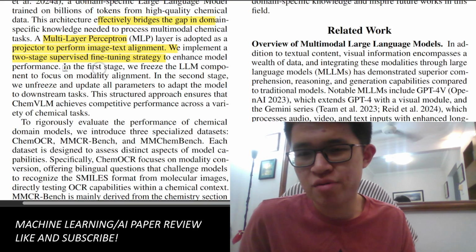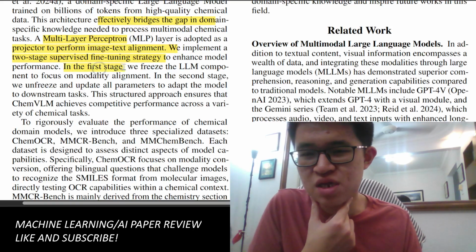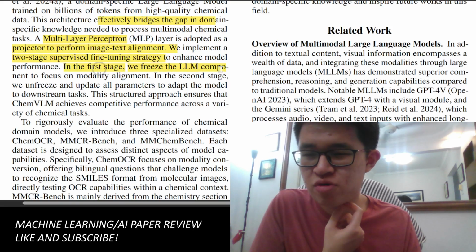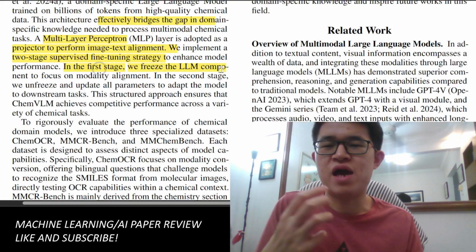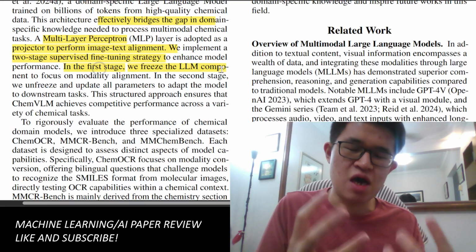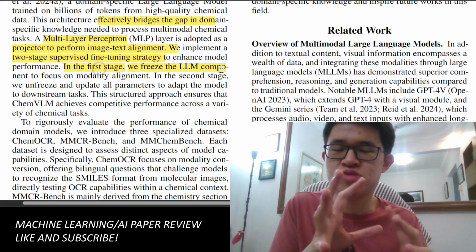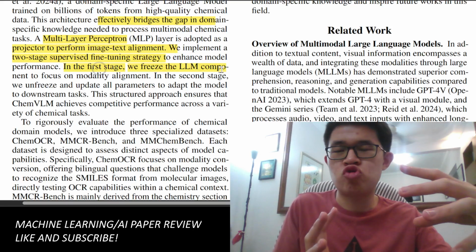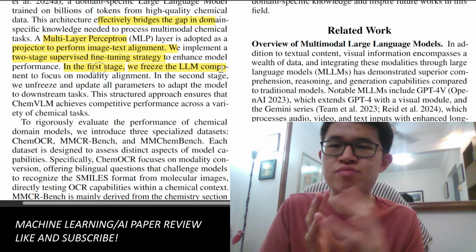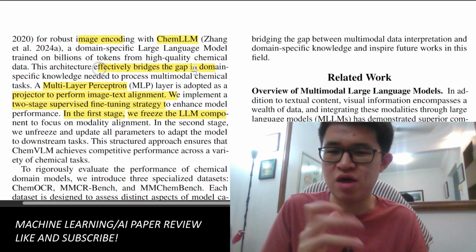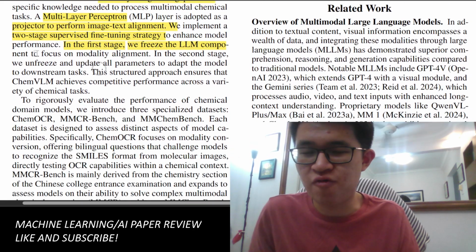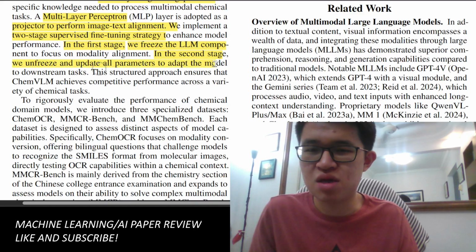I'll talk about the strategy here. In the first stage, they freeze the LLM component because the LLM itself has been pre-trained. When I'm talking about the LLM, I'm talking about the large 20 billion parameter model called ChemVLM. In this case, it's frozen. And in the second stage, they unfreeze and update all parameters to adapt the model to downstream tasks.